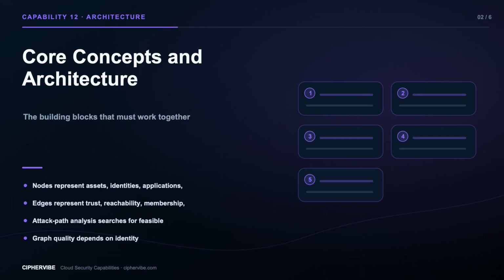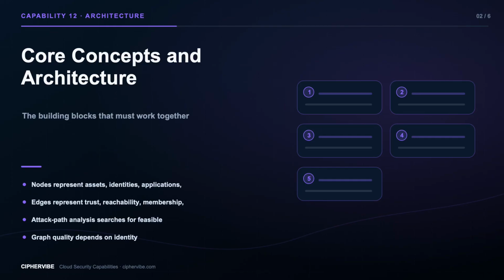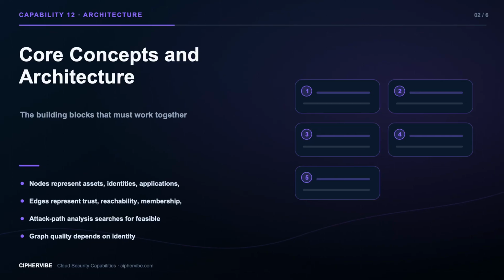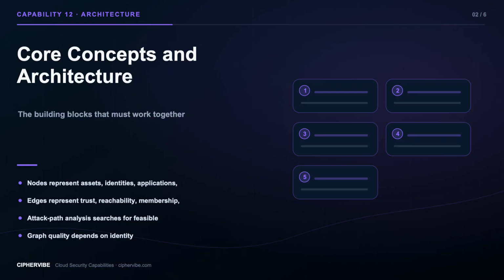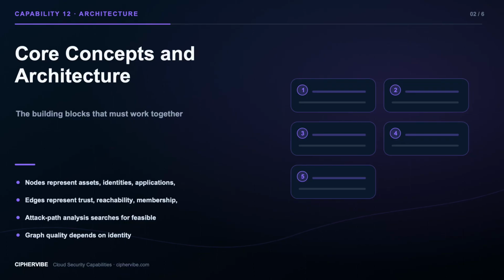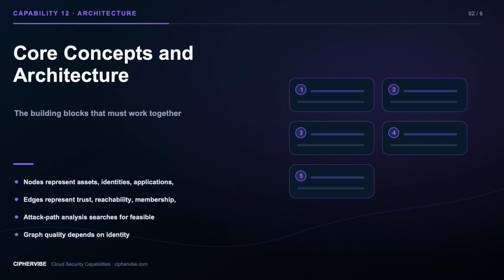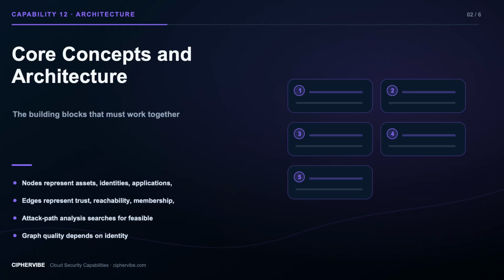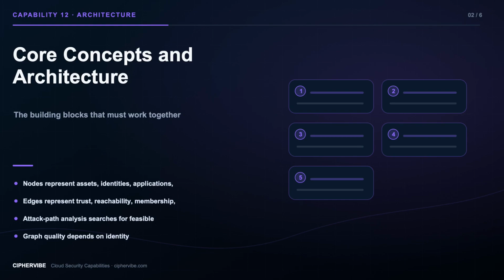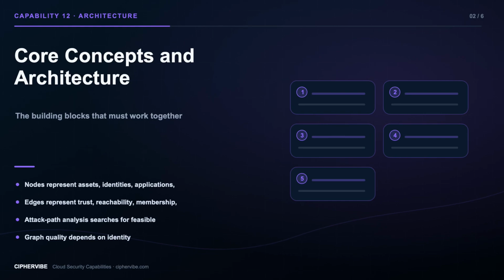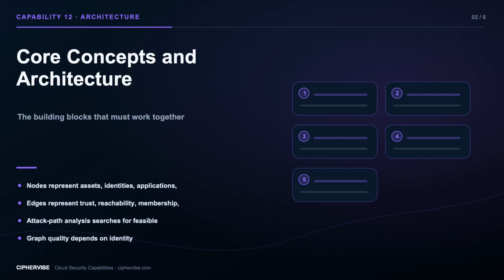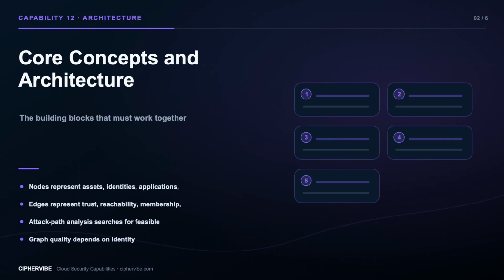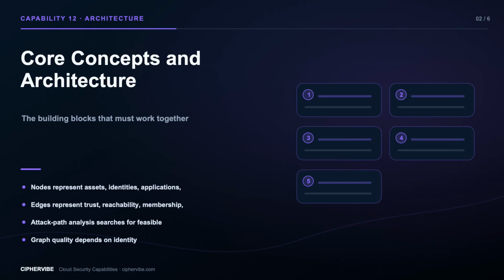Second, edges represent trust, reachability, membership, permission, deployment, containment, data access, communication, and ownership. Third, attack path analysis searches for feasible sequences from exposed or compromised starting points to high-value objectives. Fourth, graph quality depends on identity resolution, timestamps, provenance, direction, conditional access, and confidence.